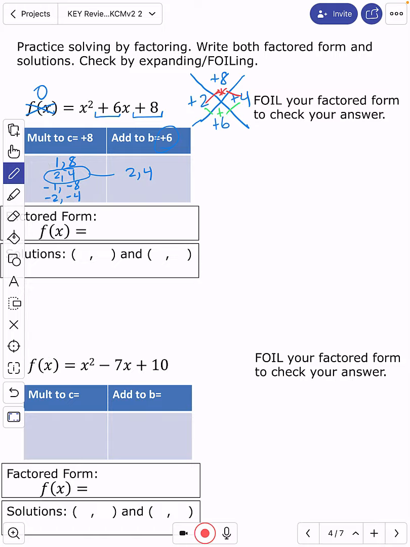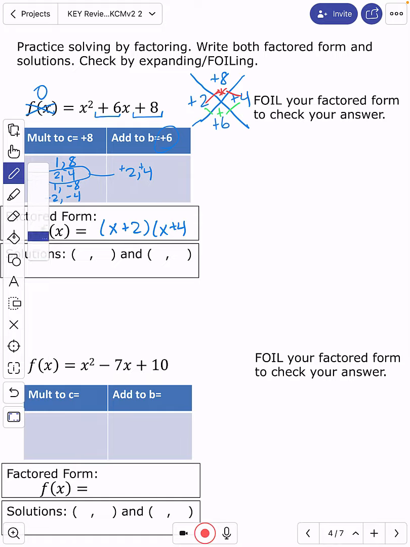Right, so those are our factors, and when we write factored form, you put these in exactly as they are. So this is a plus 2 and a plus 4. So our factored form is x plus 2 times x plus 4.